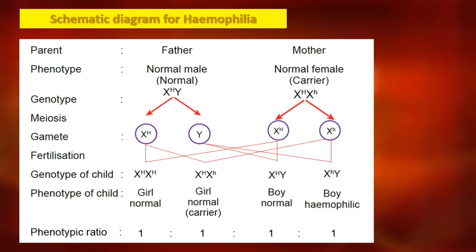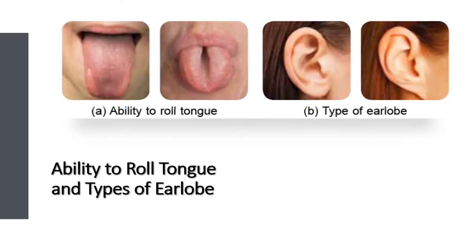So ability to roll the tongue and the type of earlobe is another type of the inheritance trait in human. These two characteristics can be inherited from parents according to Mendel's law.